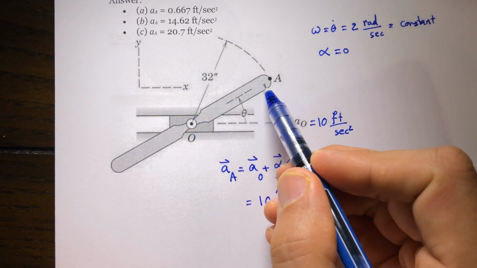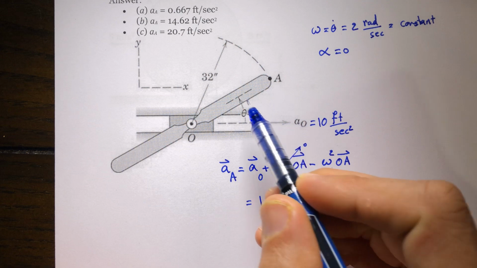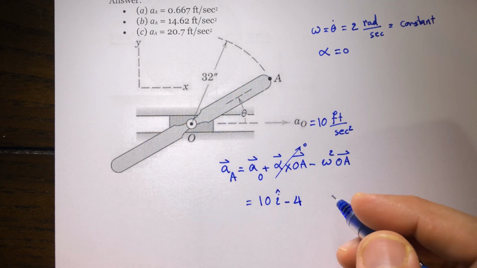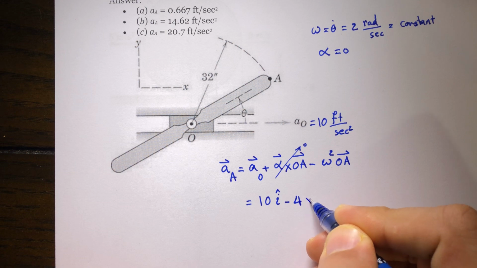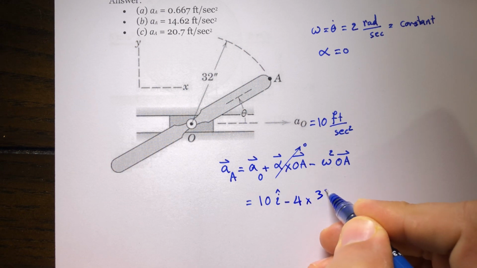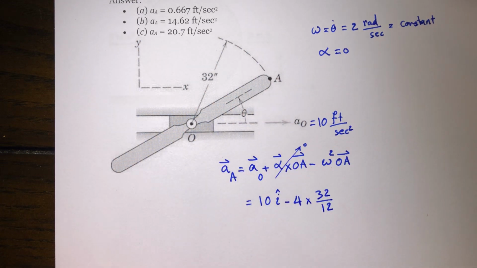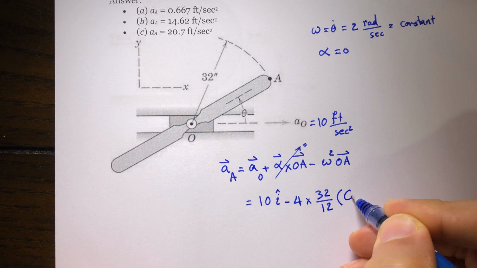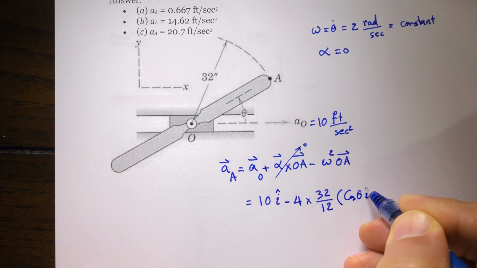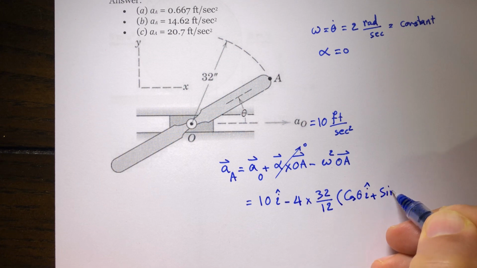And OA is a vector, which we can simply write in the vector form, right? 32 inches divided by 12 to make it fit, so times 32 divided by 12 times the direction of it, which is going to be cosine of theta in the i direction and sine of theta in the j direction.